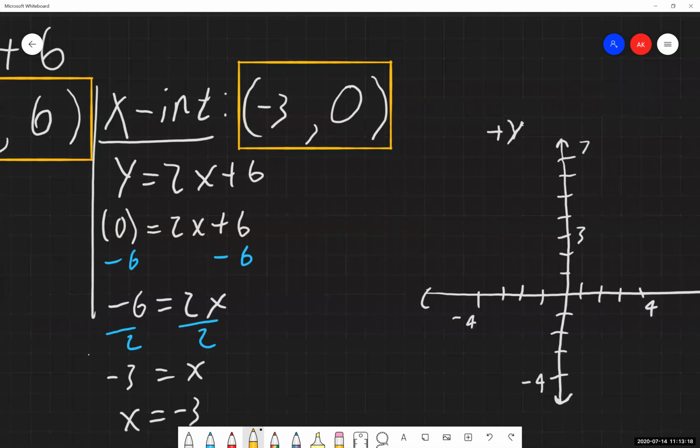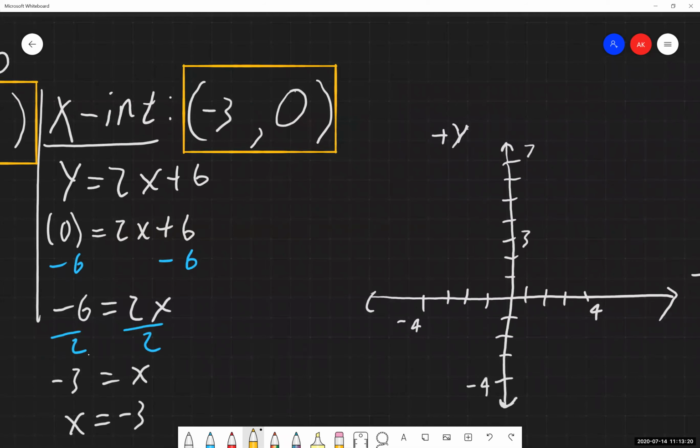So -3, 0, I'm going to use yellow to graph these just so it stands out a bit more. I have -3, 0 over here. And then I have the point 0, 6 directly up here. I've plotted those 2 points, and now we can connect them together. Again, you're going to have a straight edge versus me trying to do this freehand.